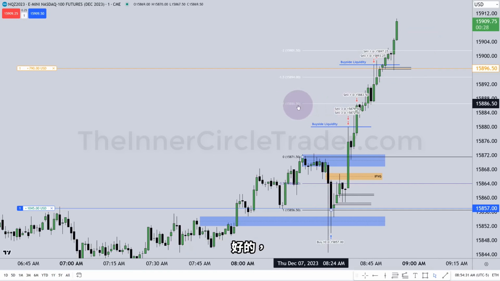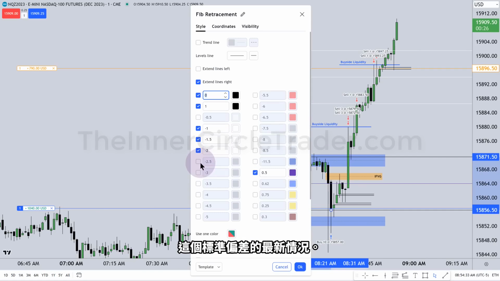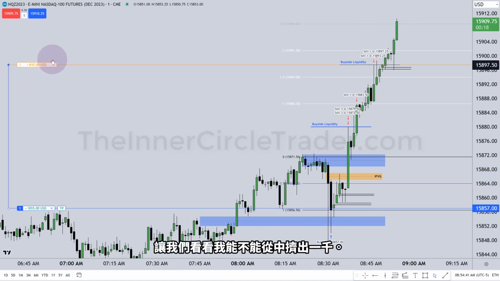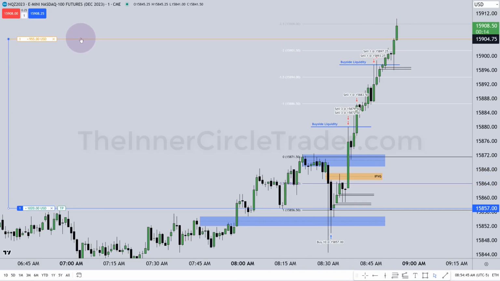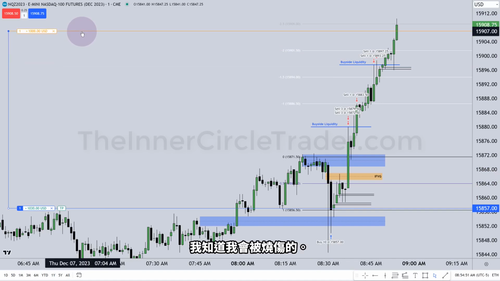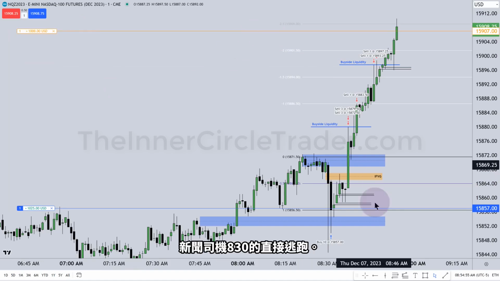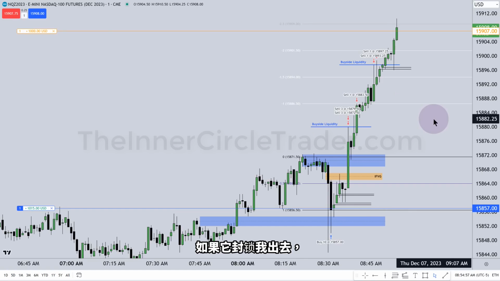All right, so I just want to update you on this standard deviation. 2.5 and 3. So here's 2.5. Let's see if I can squeeze 1,000 out of that. I know I'm going to get burned on that one, but it's hit 2.5 standard deviations, straight run off of the news driver 830.